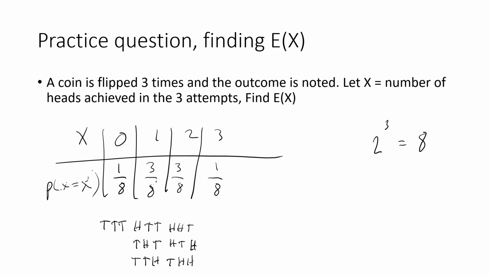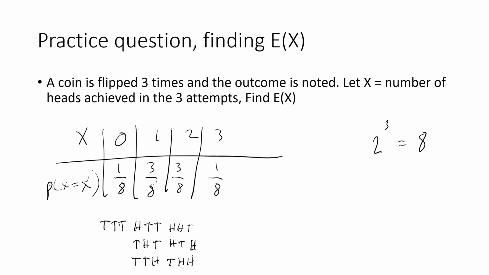Well, we need to find out the expected value. And we do this by multiplying x by the probability of that x happening, and we add them all together.